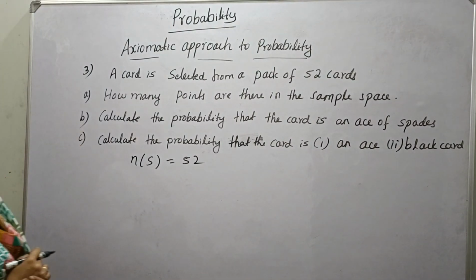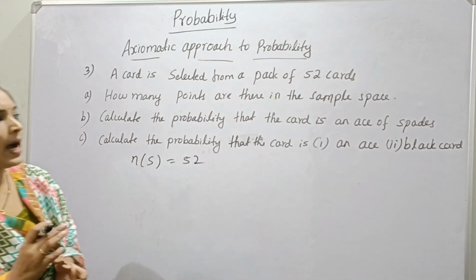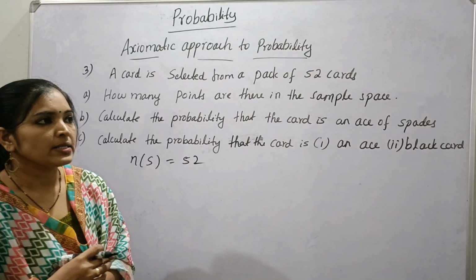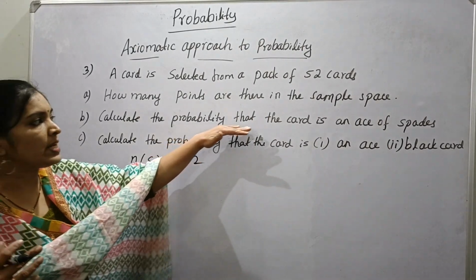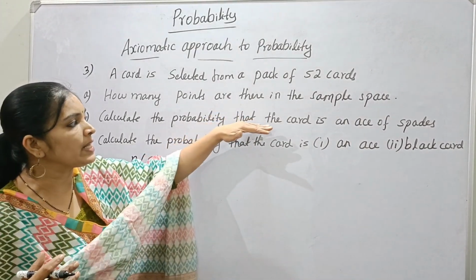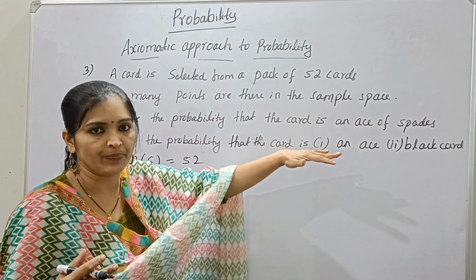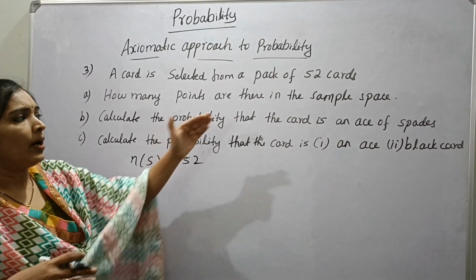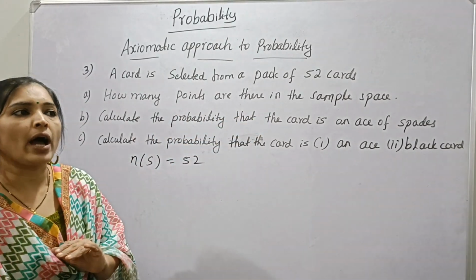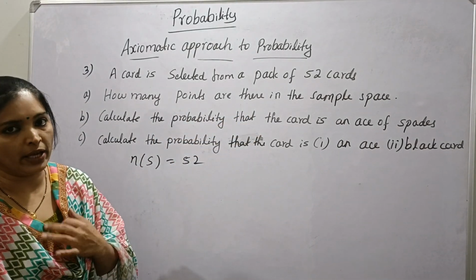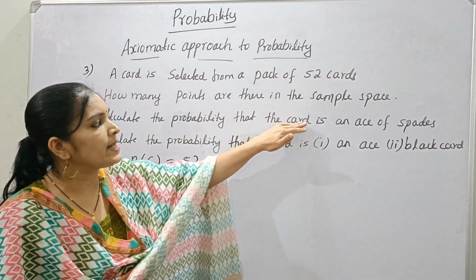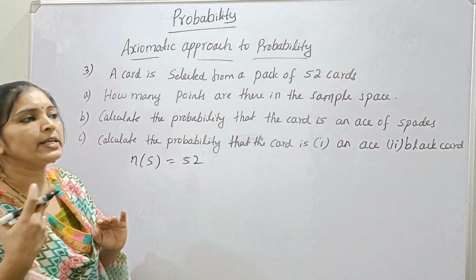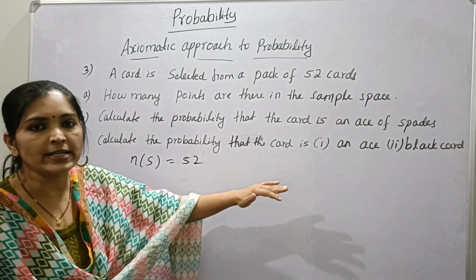So the next question is, calculate the probability that the card is an ace of spades. Here the event is given: the card is an ace of spades. First of all we have to check how many elements are in this event. There is only one ace of spades.